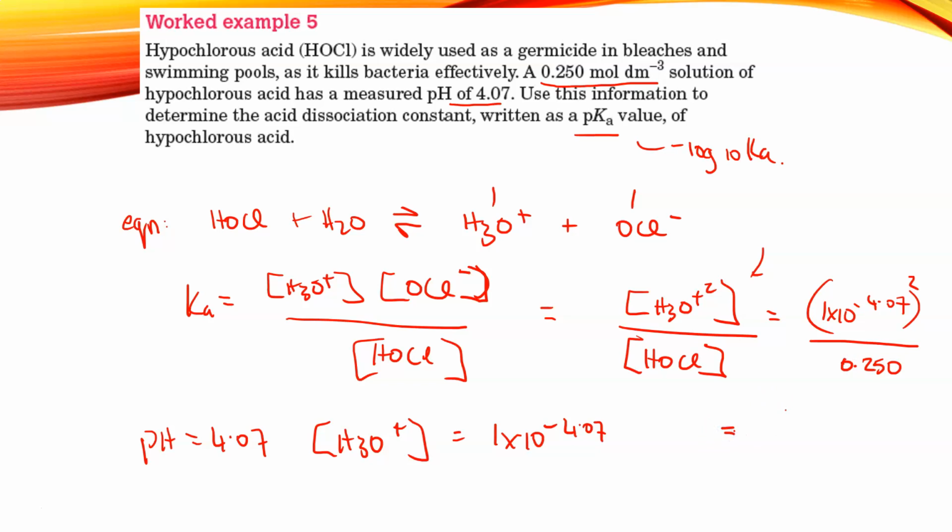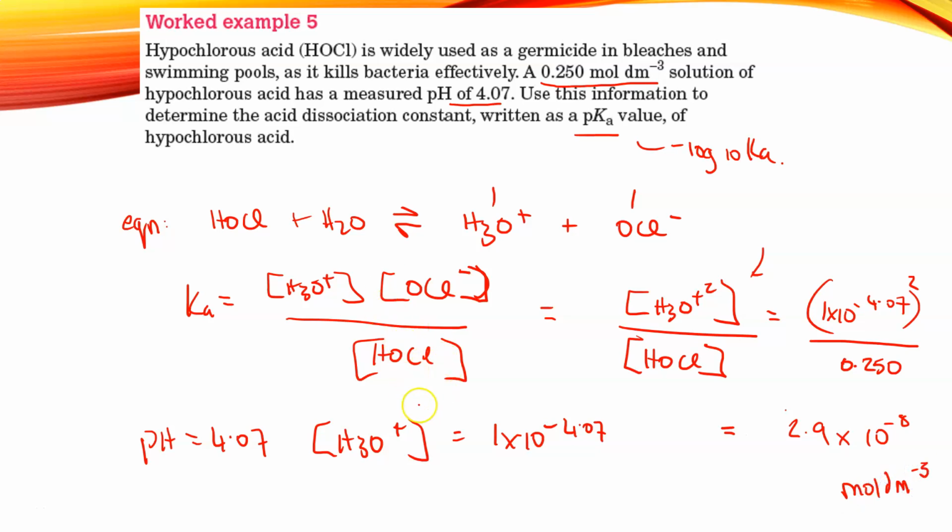Now we can solve that in our calculator. 1 times 10 to the negative 4.07, and then we're going to square that, and then divide that by 0.250. And we're going to get the Ka is equal to 2.9 times 10 to the negative 8 moles per decimeter cubed.